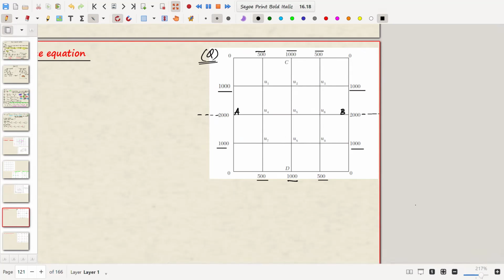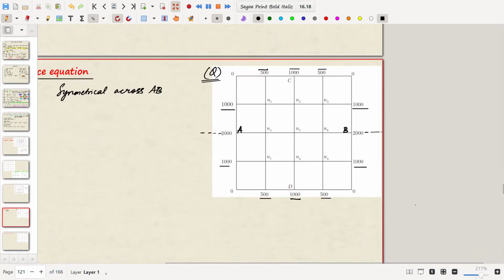Now, if values are distributed this symmetrically, it should ring in your mind that it is symmetrical across AB. How many of you understood this? It is symmetrical across AB.